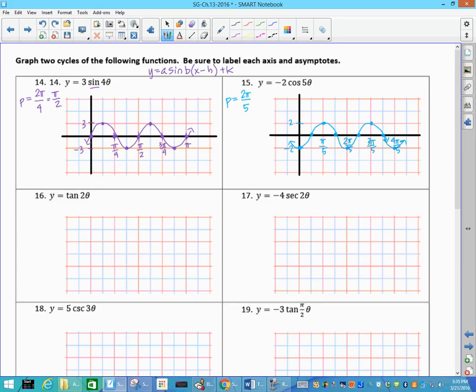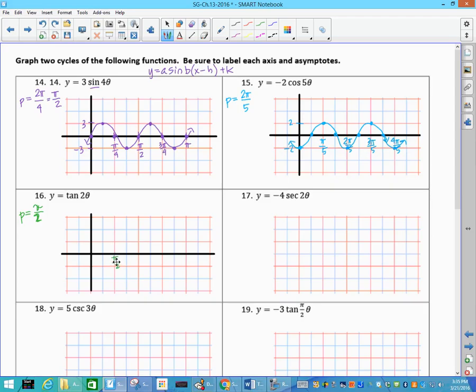Tangent. Okay? For tangent, my period is not 2 pi over b, but pi over b, because the original period of the tangent function is pi. Again, I'm going to put my axes. And when we did the tangent function, we went out 2 tick marks and labeled that our period.